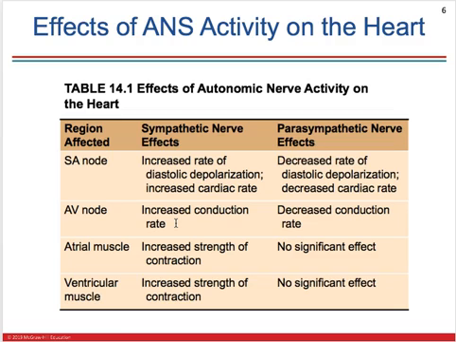That helps to conduct that activity from the atria to the ventricles more rapidly, and is decreased with parasympathetic. Parasympathetic has pretty much no effect on the strength of contraction, but sympathetic, as we'll get into a little bit here, has an increased ability to enhance contractility, the strength of contraction at any given muscle length, both in atrial muscle and ventricular muscle.